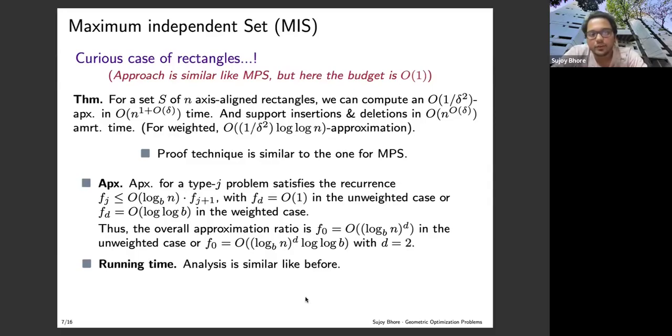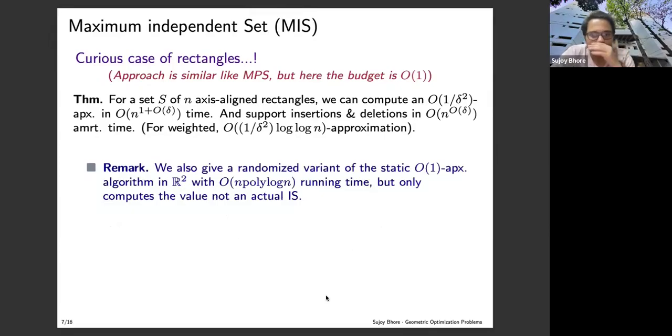So the approximation for the type J problem satisfies the recurrence of order B or order log Bn times f of J plus 1. And so the overall approximation factor is going to be log of Bn to the D times log B. And the analysis of the running time is similar to before.